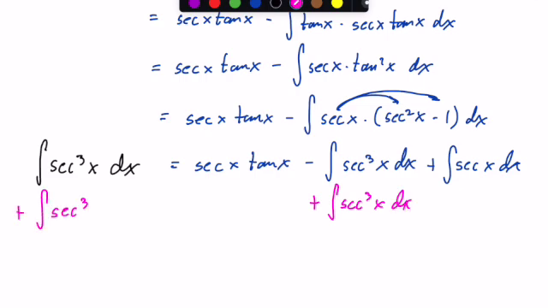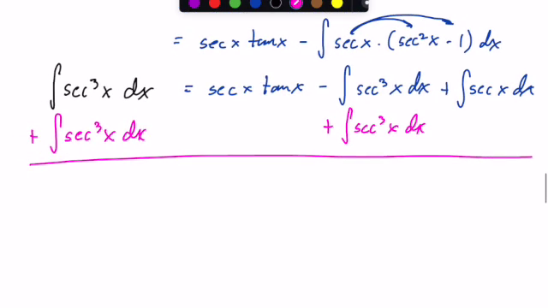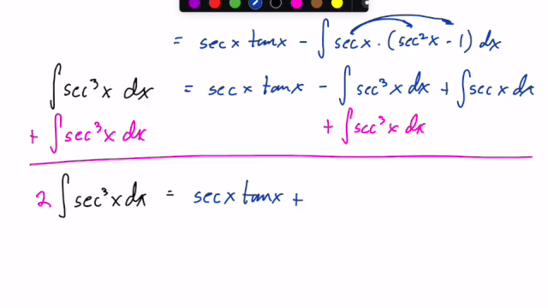It's going to feel weird, but we're going to combine like terms. Not like your usual like terms, I know, but it is a like term that we can add to the other side. And so we have 2 times the integral of secant cubed x dx equal to secant x tangent x plus the integral of secant x.